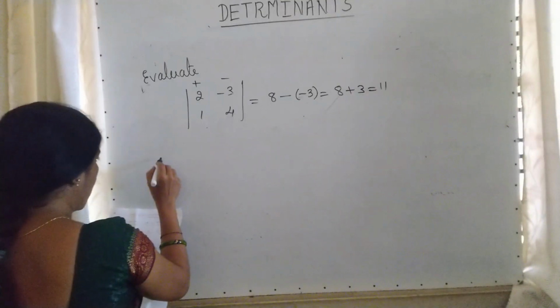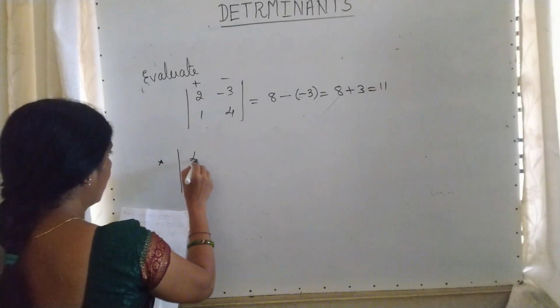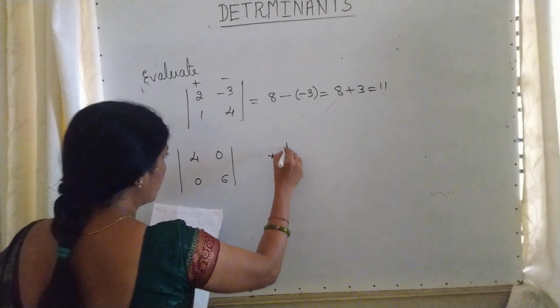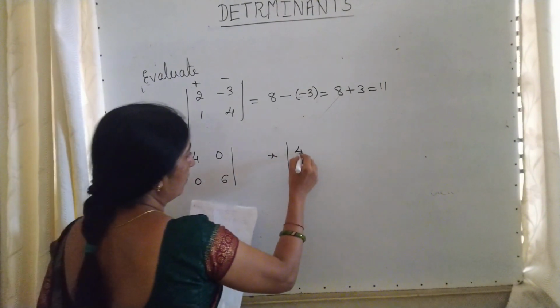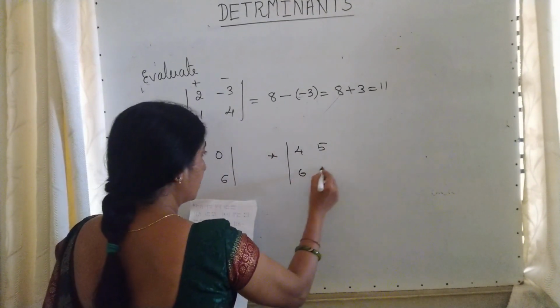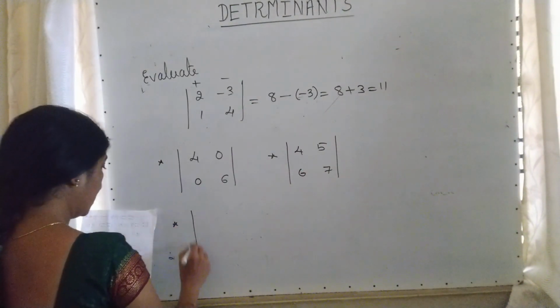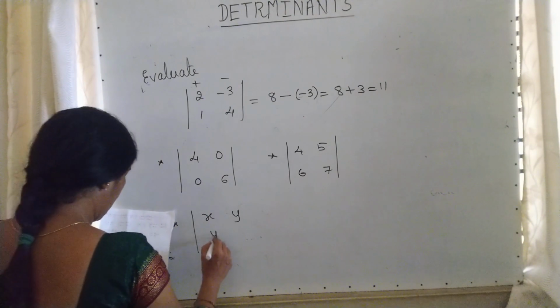So next questions are assignment. It is 4, 0, 0, 6. That means assignment means just to make you perfect. I am giving you some examples. 4, 5, 6, 7. And the next one, x, y, y, x.